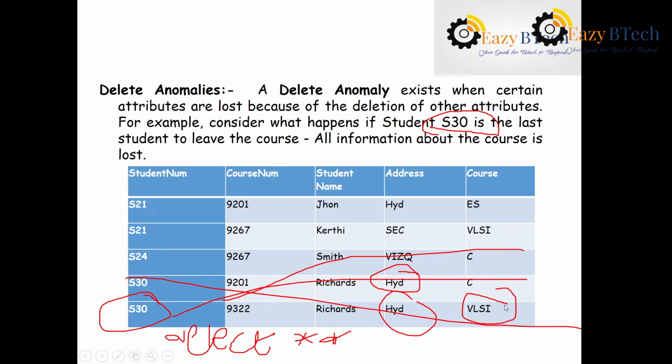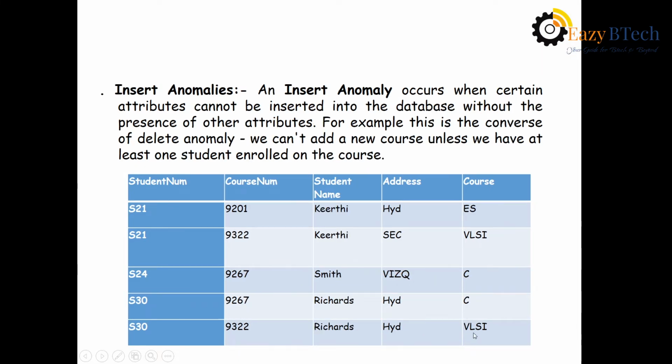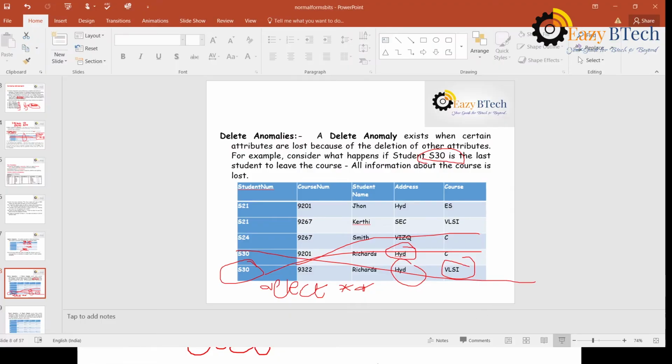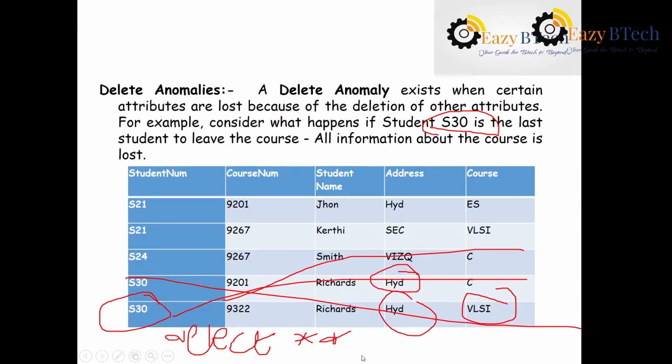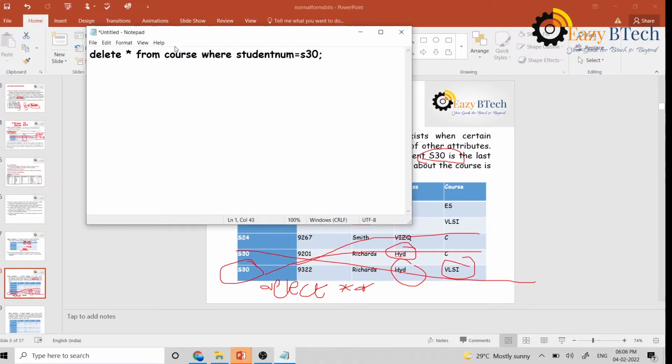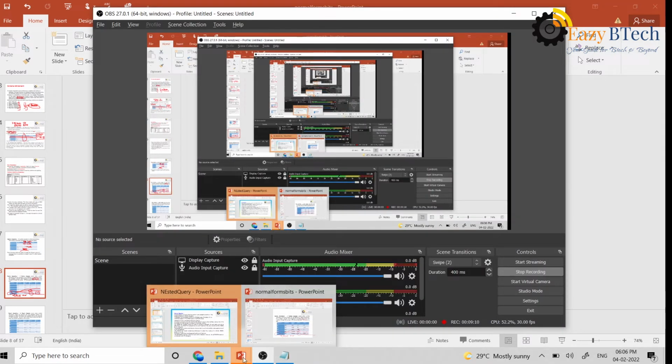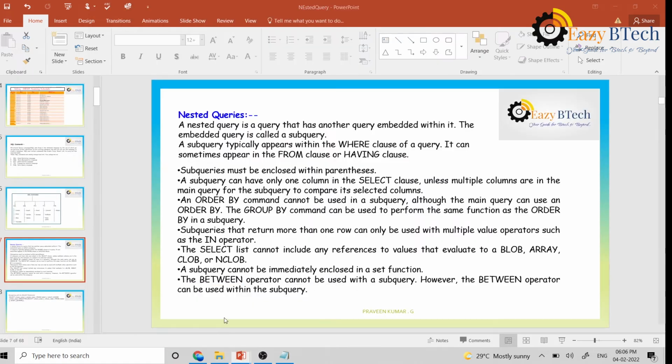Now he wants to withdraw from this particular course, VLSI. But when we use this particular query, automatically Riches is totally deleted from the course. That is called a delete anomaly.